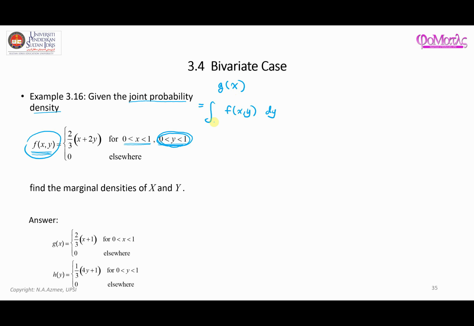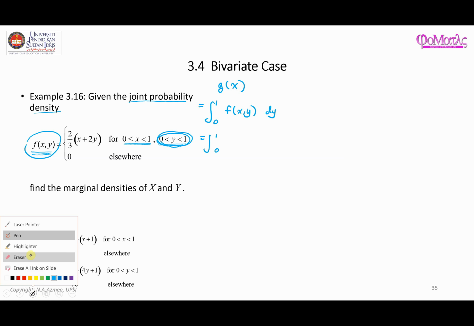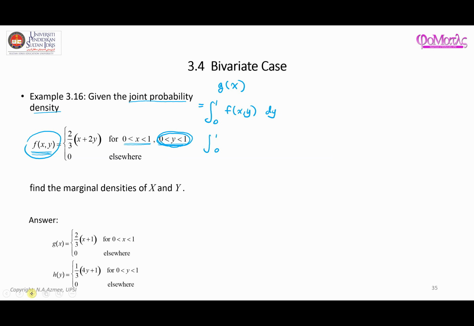So here we are going to plug in the limits, and then I'm just going to write down the joint probability density, and it is just 2/3. I'm just going to take that out straight away. So 2/3 here is a constant, so I'm going to take it outside. So 2/3, and here we have (x + 2y) dy.